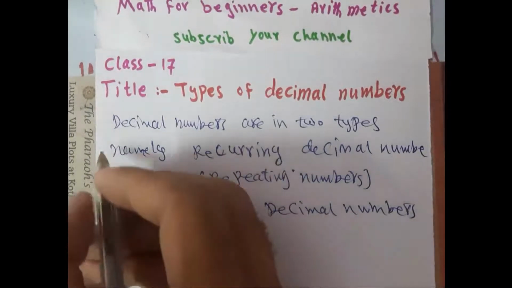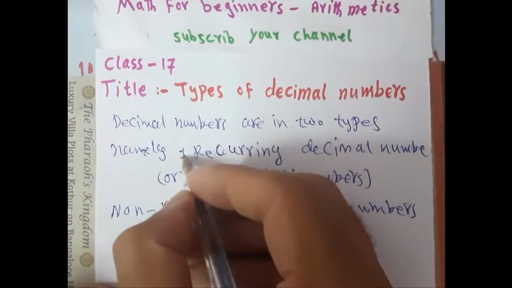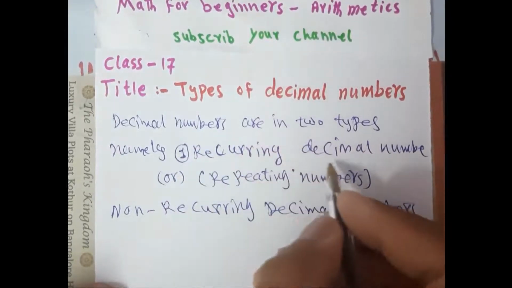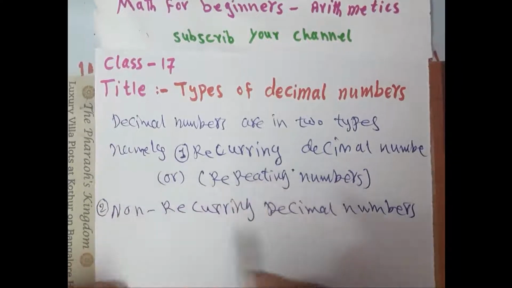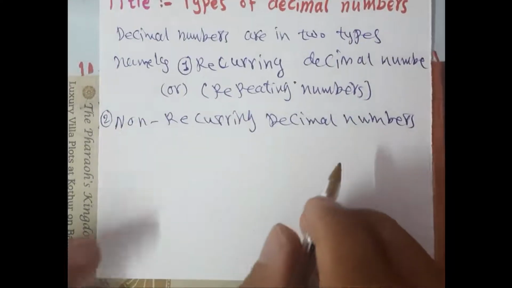We have two types. One, recurring decimal numbers, and second one, non-recurring decimal numbers.